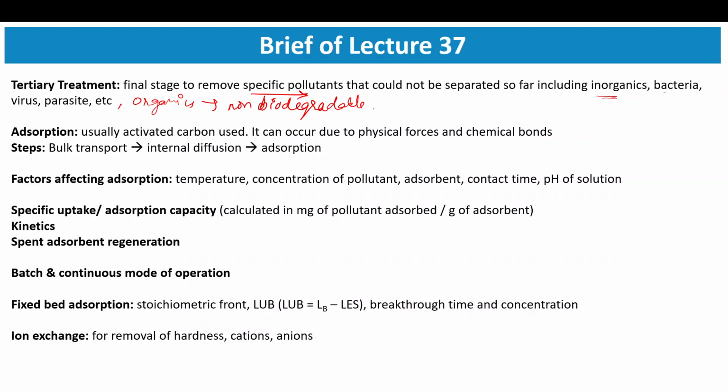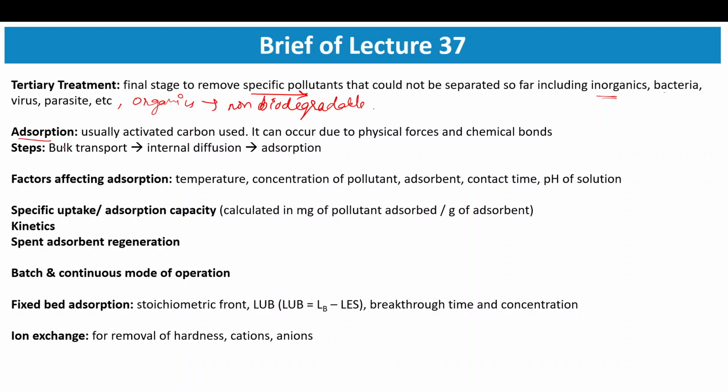So now let's start with the tertiary treatment processes. There are a number of processes which we can use for treatment of wastewater, so let's discuss them one by one. The first one is the adsorption process.